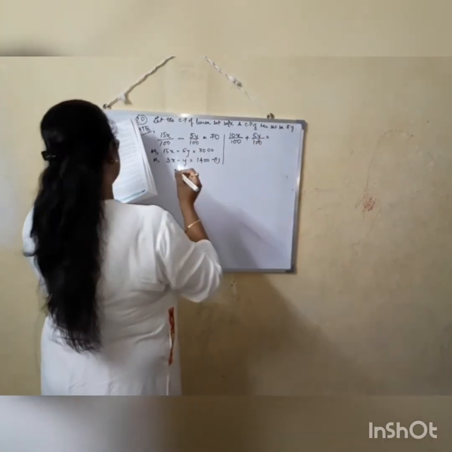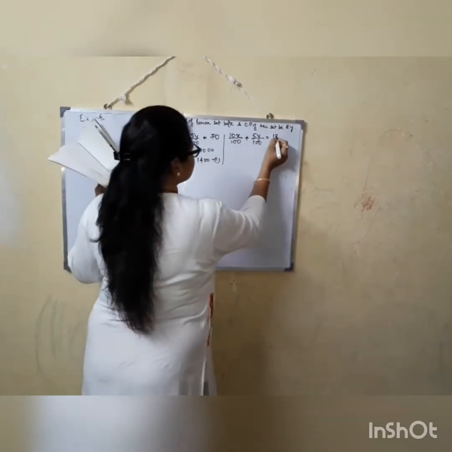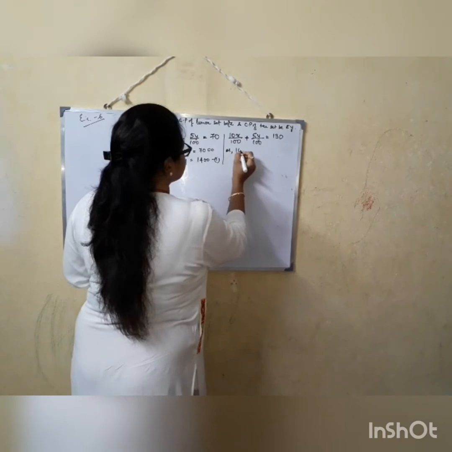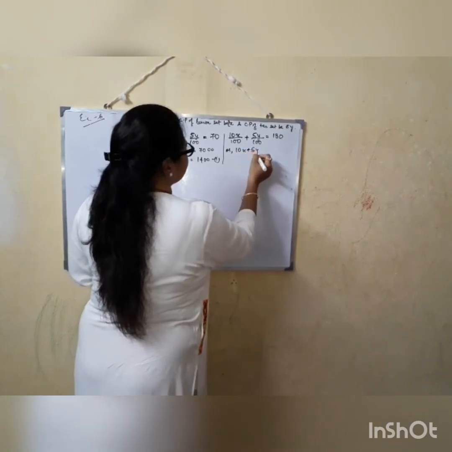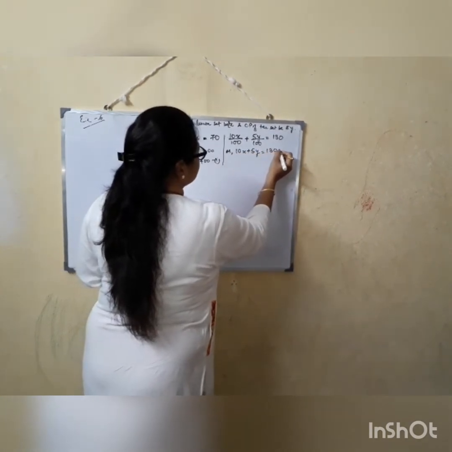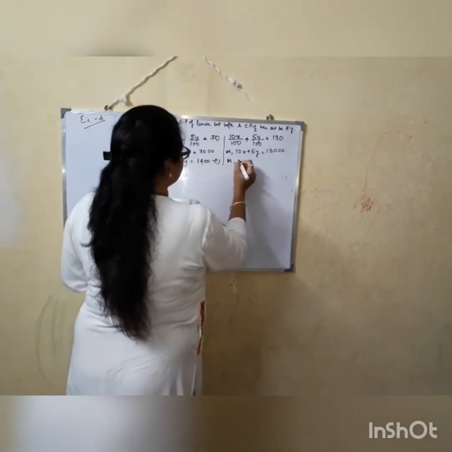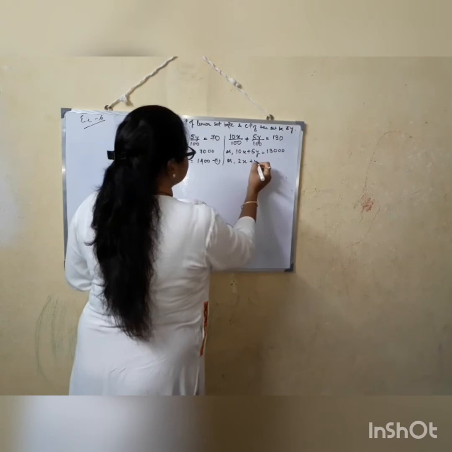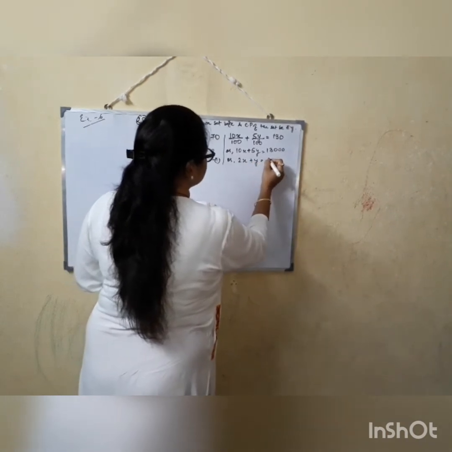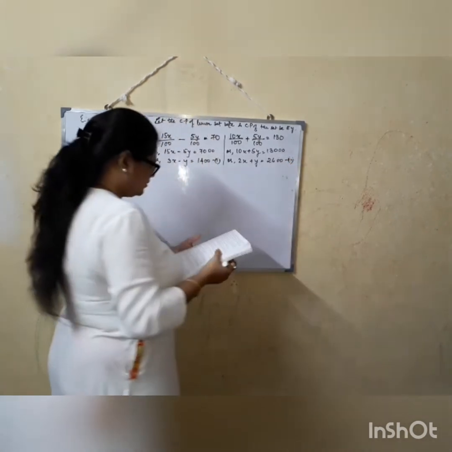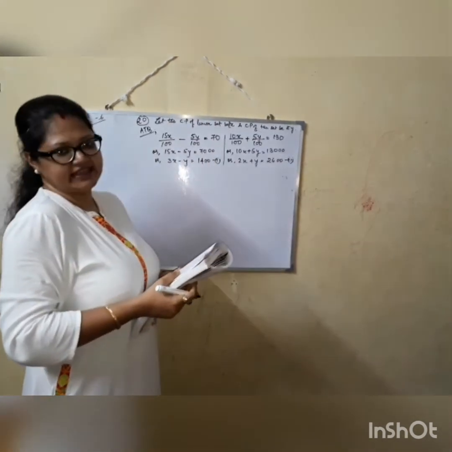So what will be the total gain? The total gain is 130 rupees. Let's see what we get from here. We get 10x plus 5y is equal to 13,000. Alright, or 2x plus y is equal to 2600. Okay, so this is the second equation.